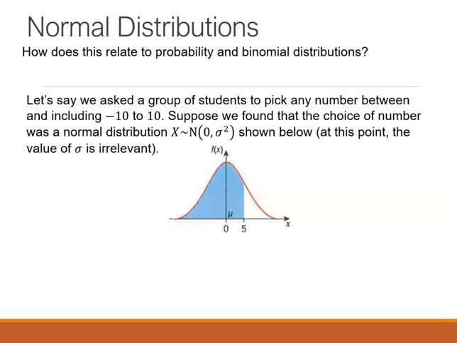So let's relate this now back to probability, since that's what we've been talking about for the most part. Let's say we asked a group of students to pick any number between -10 and +10. And then suppose we found the choice of the number was a normal distribution. So here's our normal distribution representing that.